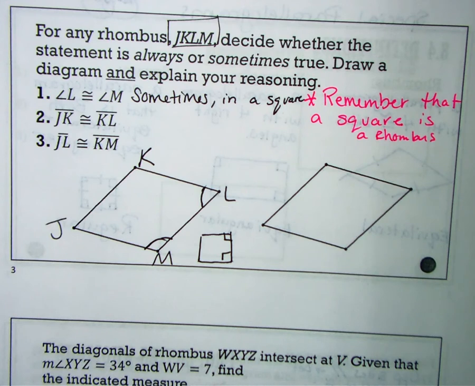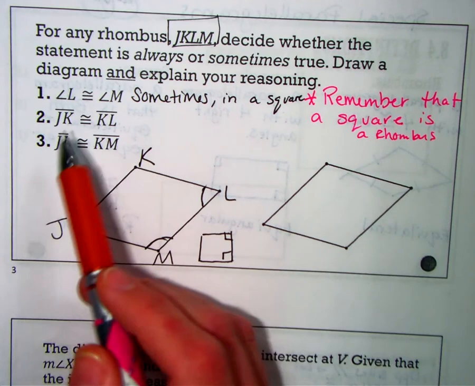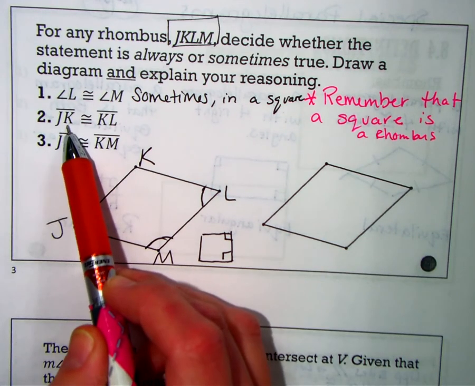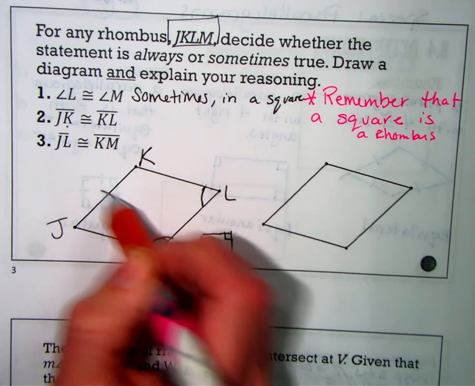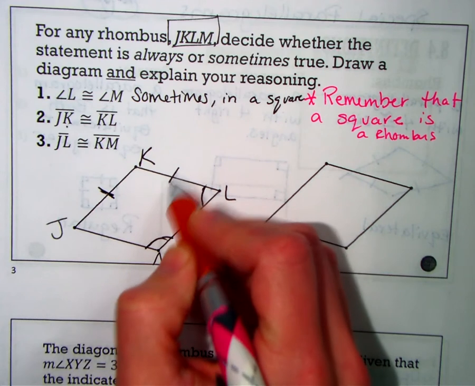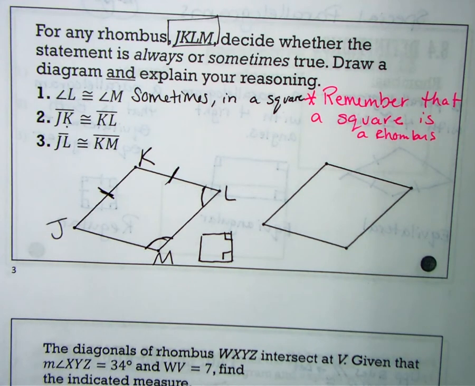Okay, let's look at the picture again. We can use this one over here if we need to. Is JK, always or sometimes, that's this one, JK, congruent to KL? In a rhombus, are the sides next to each other, always or sometimes, congruent to each other? So the sides next to each other in a rhombus.